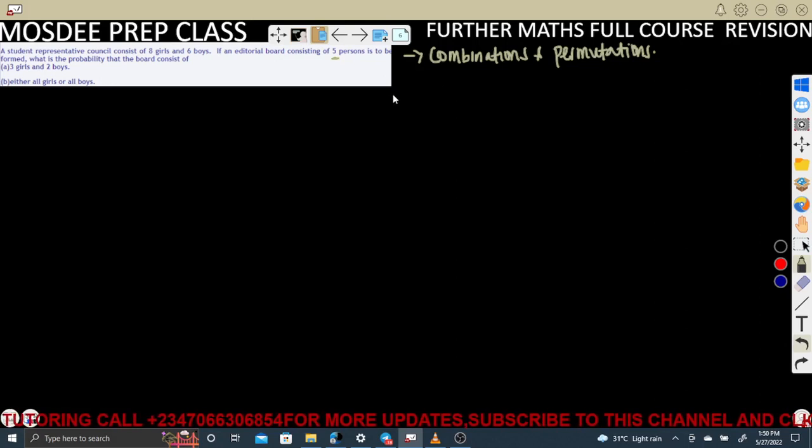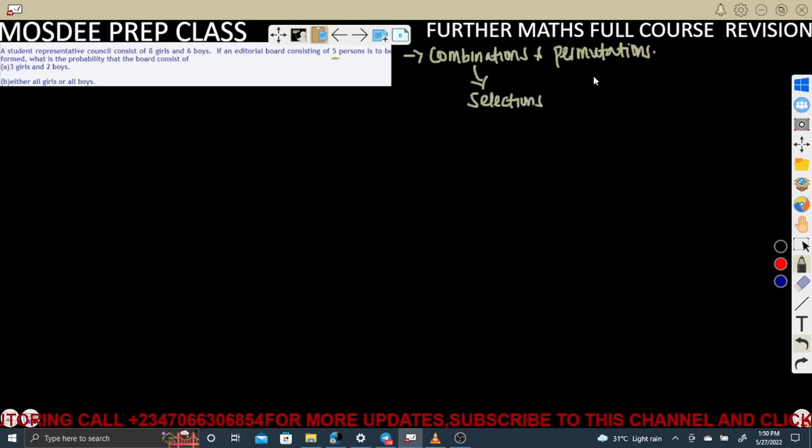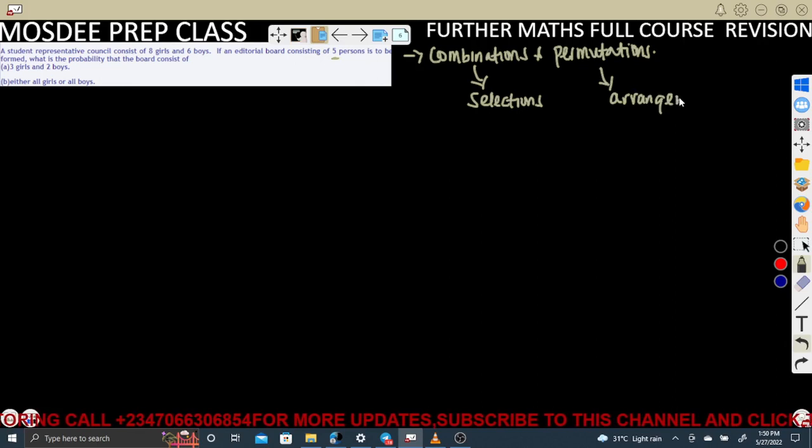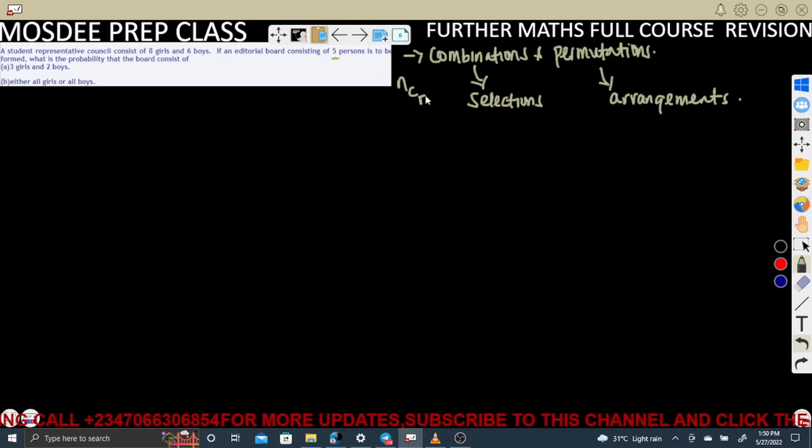So combinations are selections basically, and permutations are arrangements. So basic concept, you can always tell students to identify that. Then they should know the simple general formula of representing combination as n choose r is n factorial over r factorial times n minus r factorial.